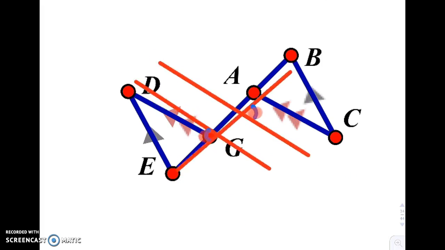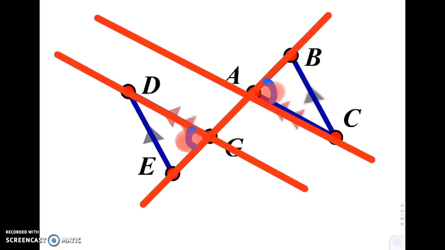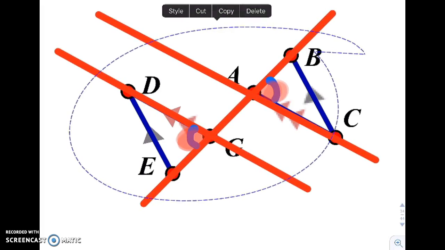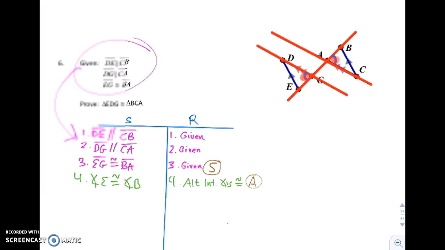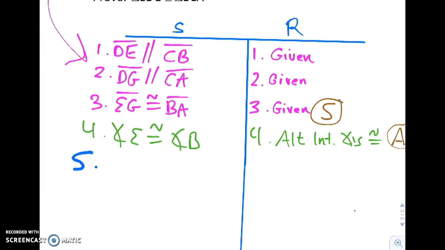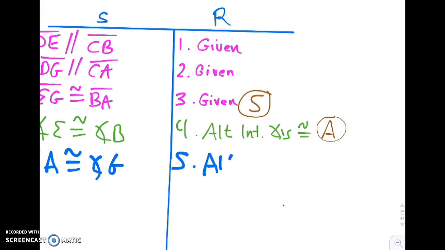Alternate exterior are also congruent. So angle G and angle A are congruent because alternate exterior angles are congruent.